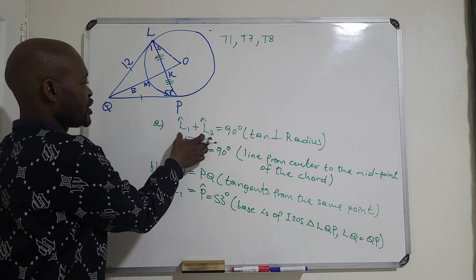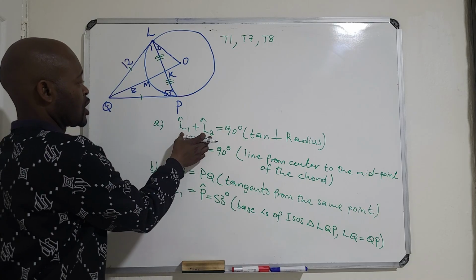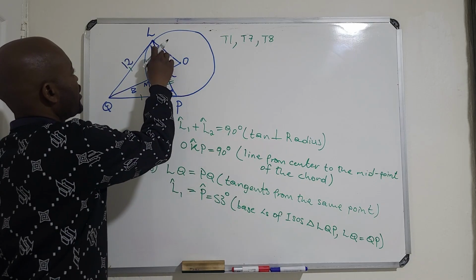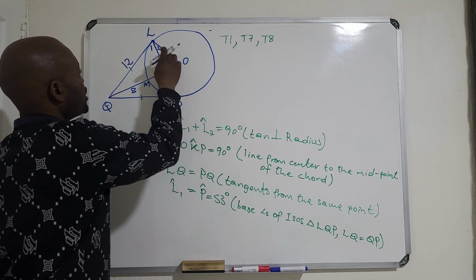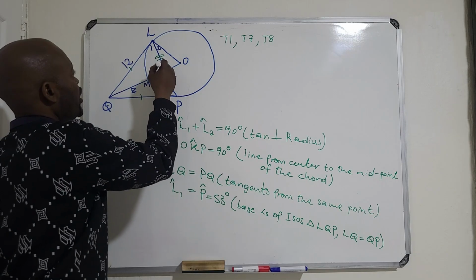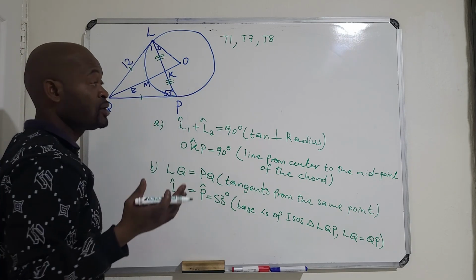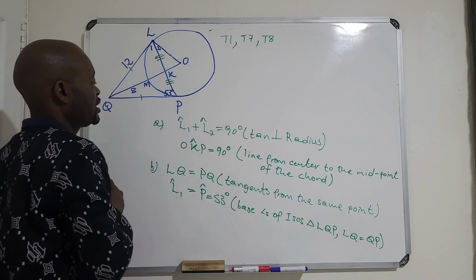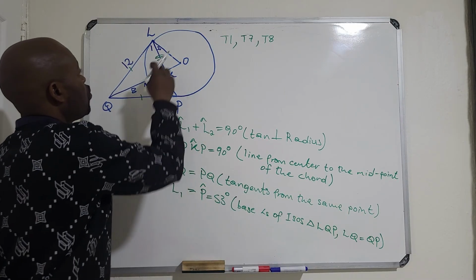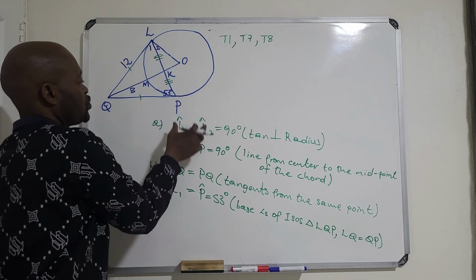Now we are going to use this to calculate this angle there. We know that this angle there is 90. We've just said it. Now, we are going to calculate this angle using this.